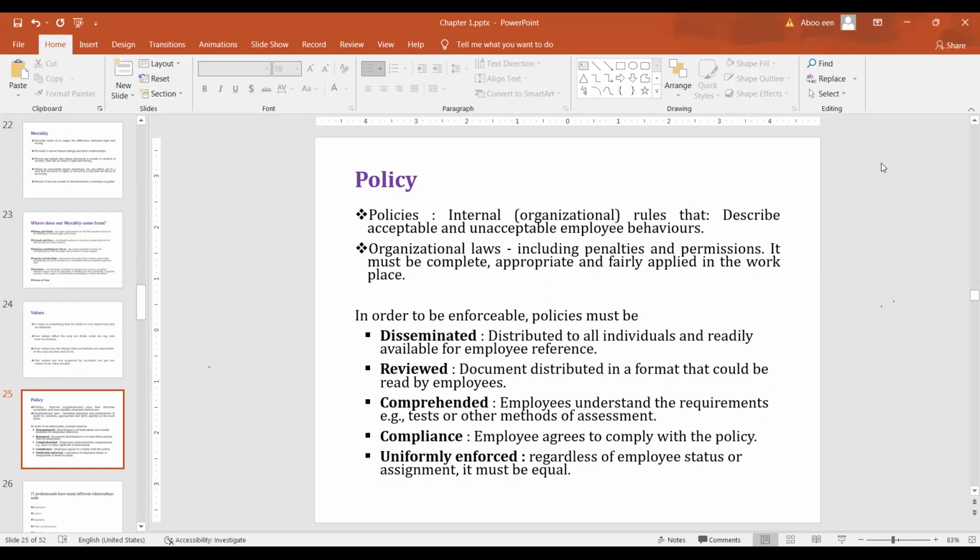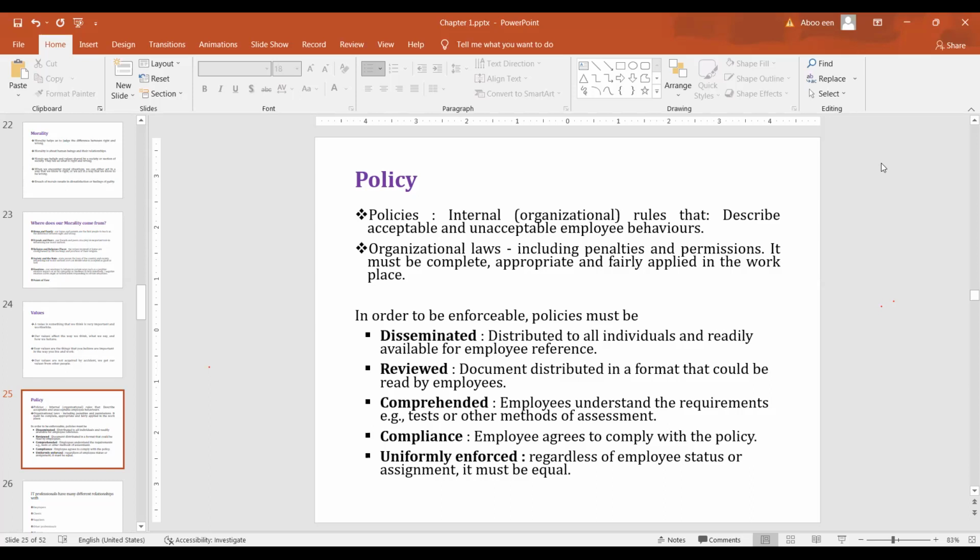Uniformly enforced. Uniformly enforced means that regardless of employee status or assignment, it must be equal. In a sense, the policy should be equally applied, regardless of their positions, their posts, or their status in the organization. There are employees like senior managers, middle-level managers, and mine employees, and permanent staff or temporary staff.